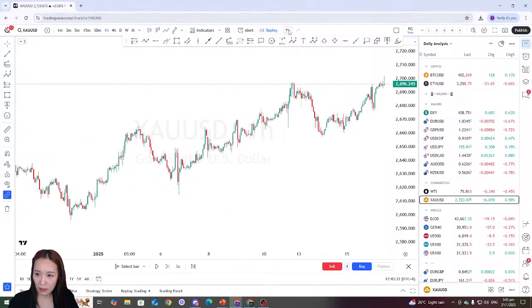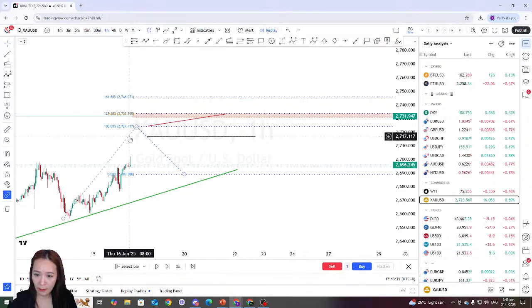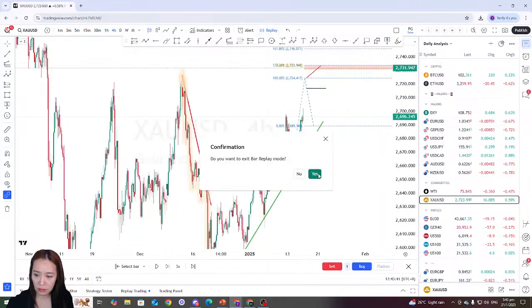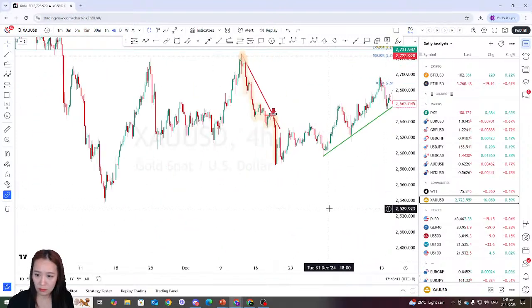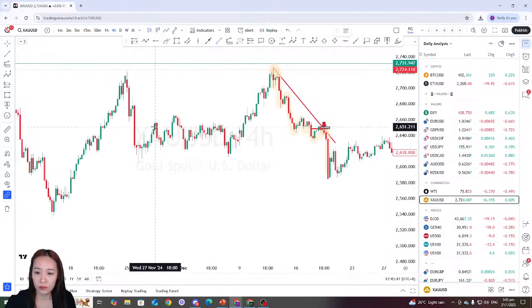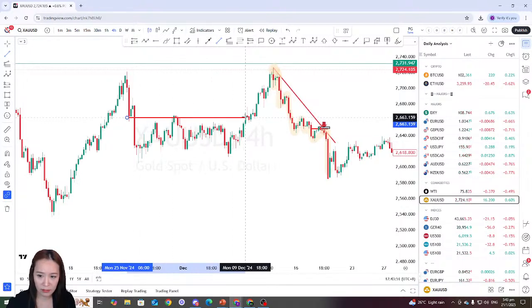I'll just go back to our gold chart. It's here. You would identify, okay, this is the resistance based on here.